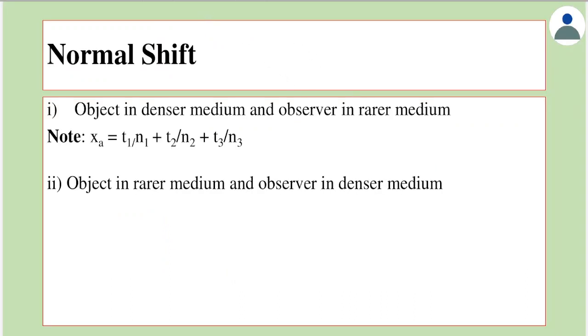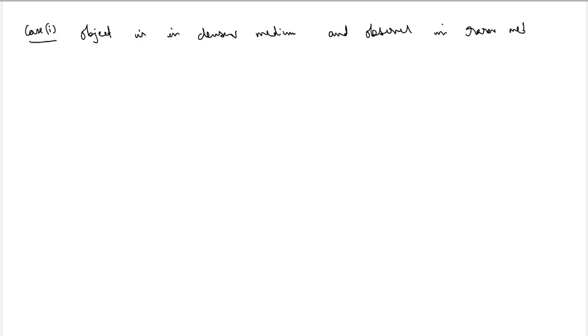We can have two cases here. Case 1: the object is in the denser medium and the observer is in the rarer medium.